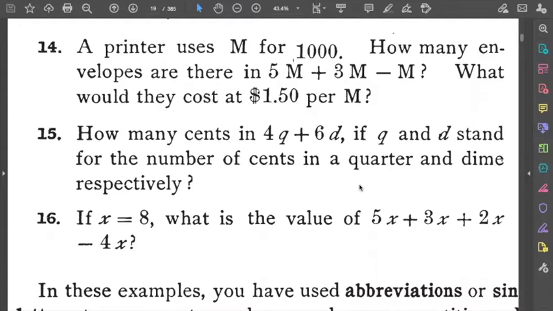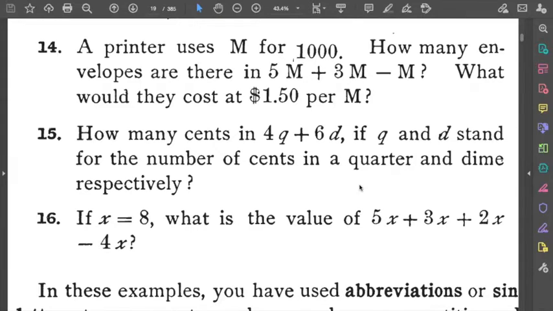Now, a dime represents 10 cents, and a quarter of a cent is 1/4 of 1 cent. So 15 says, how many cents are in 4Q plus 6D if Q and D stand for the number of cents in a quarter and a dime, respectively?